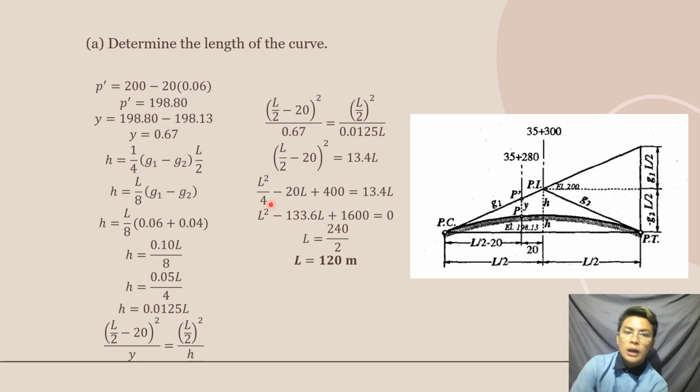Then we get L squared divided by 4 minus 20L plus 400 equals 13.4 L. So we will get L equal to 240 divided by 2. L is equal to 120 meters.